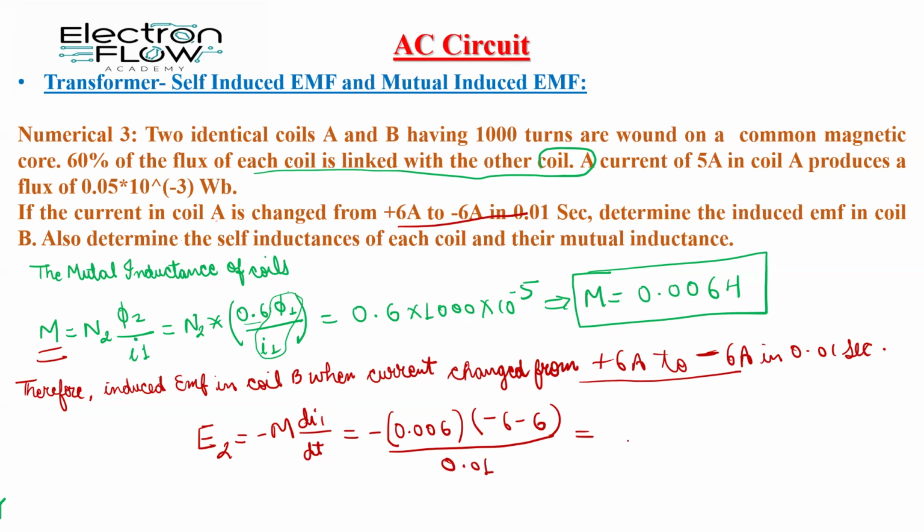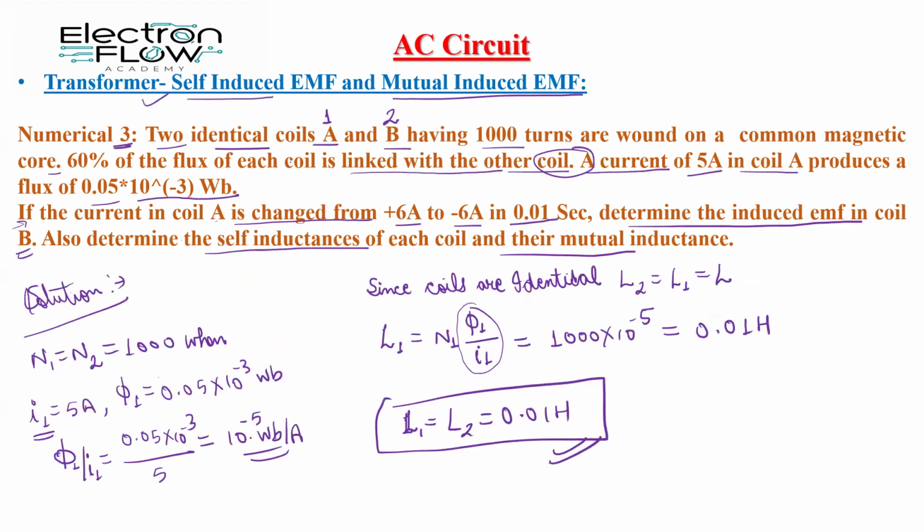So the value of the induced EMF in coil B, which is E2, is 7.2 volts if you solve this. So this is how we have calculated the induced EMF in coil B, which means E2, and the parameters asked in the question.